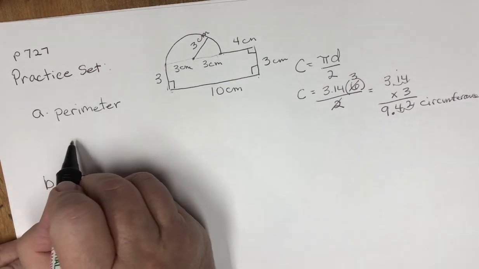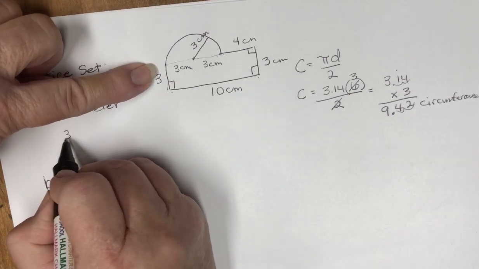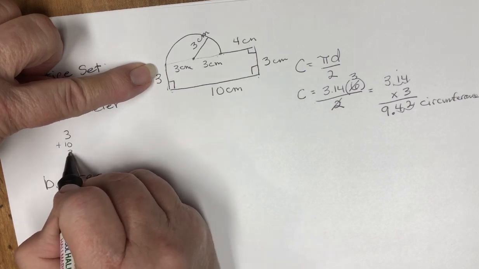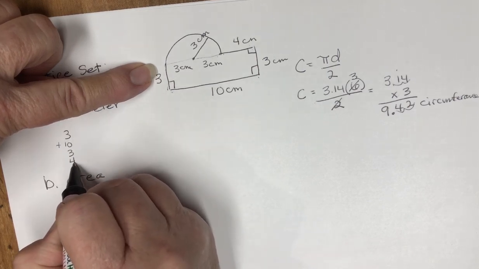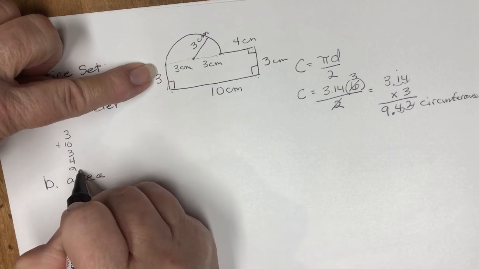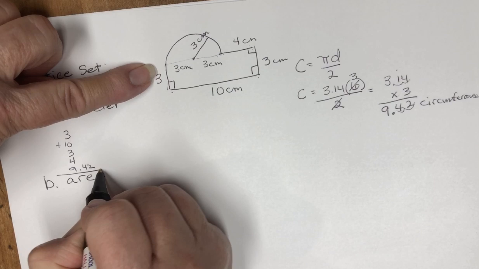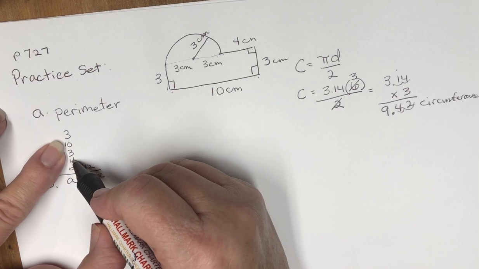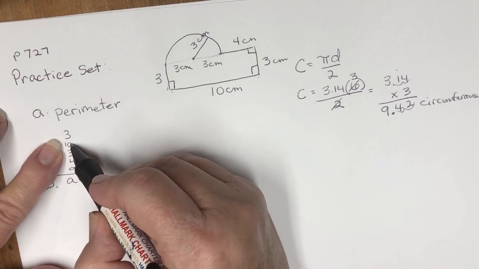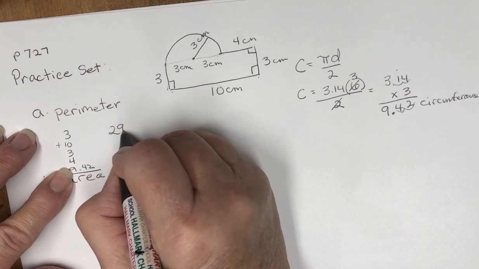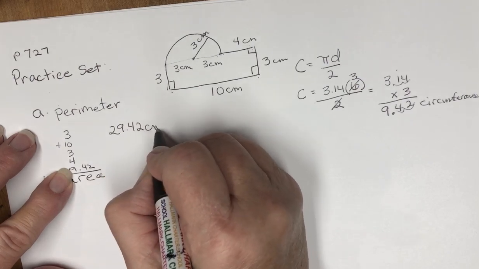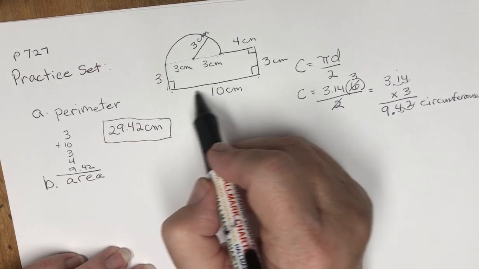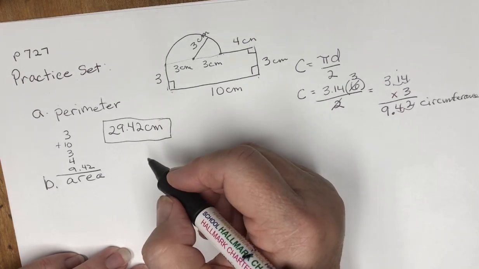All right, so now to get my perimeter, I'm going to have a 3 plus 10 plus 3 plus the 4 plus 9.42. And I got it way too close. Okay, so 3 and 3 is 6, and 4 is 10, plus a 10 is 29, so I've got 29.42 centimeters. And that should be the perimeter of the rectangle and the semicircle.